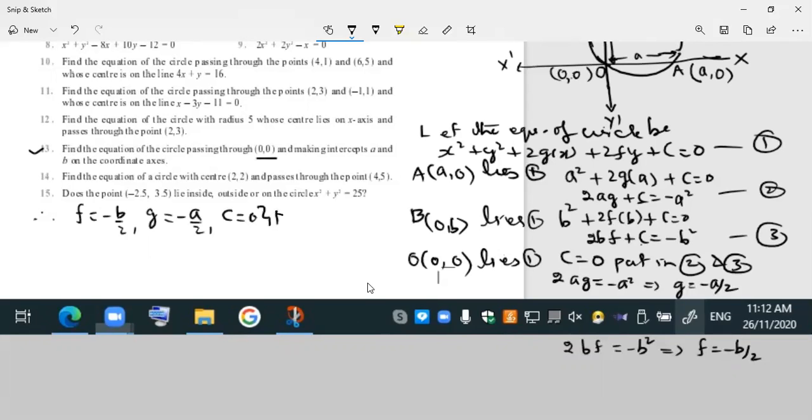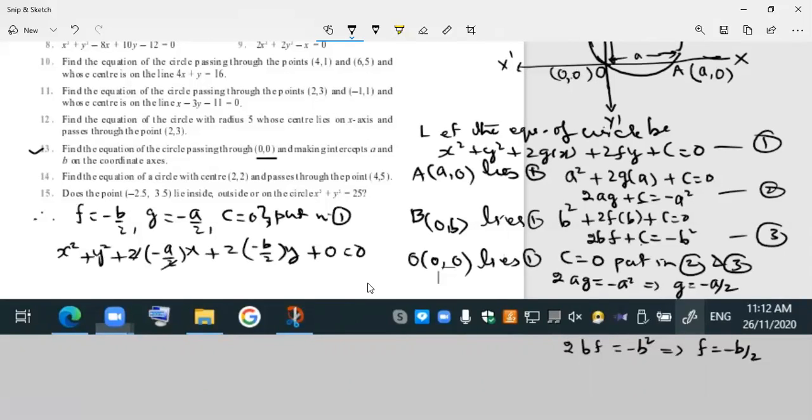All these values put in the first equation, and we get the equation of the required circle: x square plus y square plus 2gx, where g is minus a by 2, plus 2fy, where f is minus b by 2, plus c, that is 0, is equal to 0.